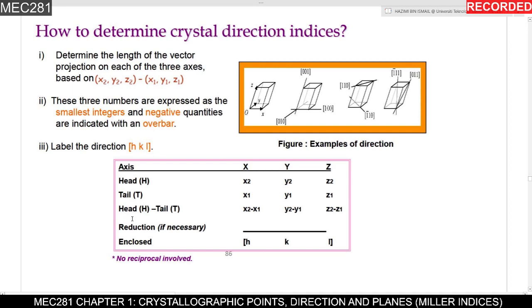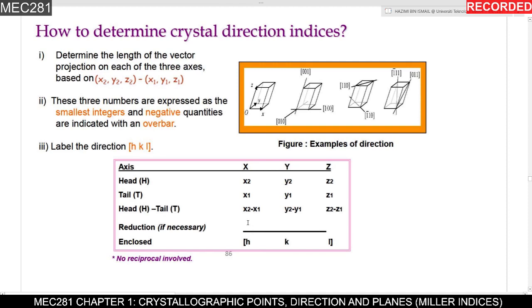And you have to do the reduction. Reduction is you have to convert to the smallest integer. If it is a fraction number, you have to multiply to get the smallest integer, because we do not want decimal or fraction numbers in the enclosure here. The final value must be an integer.